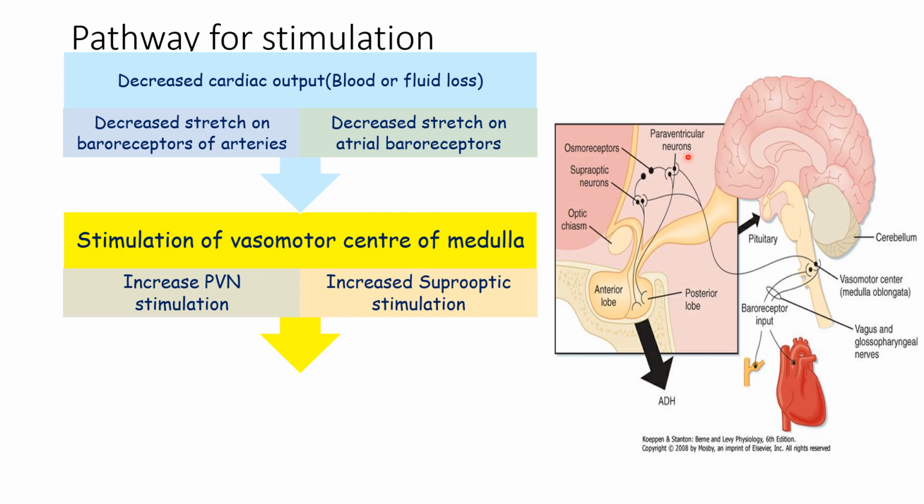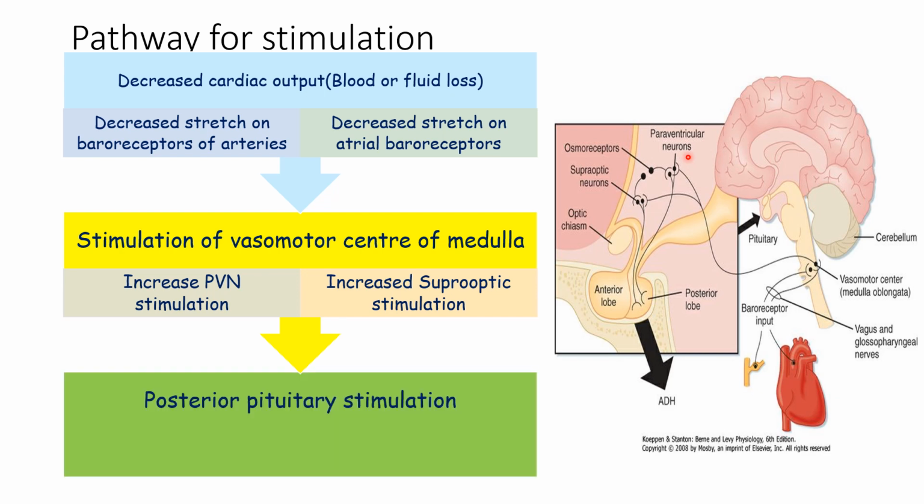Once they are stimulated, it will also cause the release of ADH hormone. Finally, this ADH hormone is responsible for bringing the opposite effect, that is, it causes an increase in the blood volume in response to the decreased blood volume sensed by the baroreceptors. So we are okay with it.